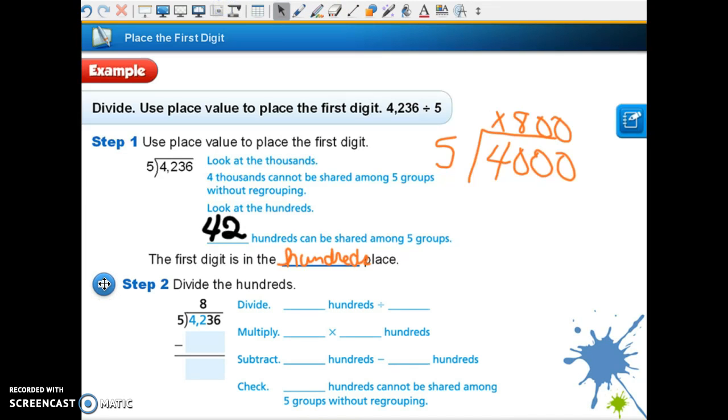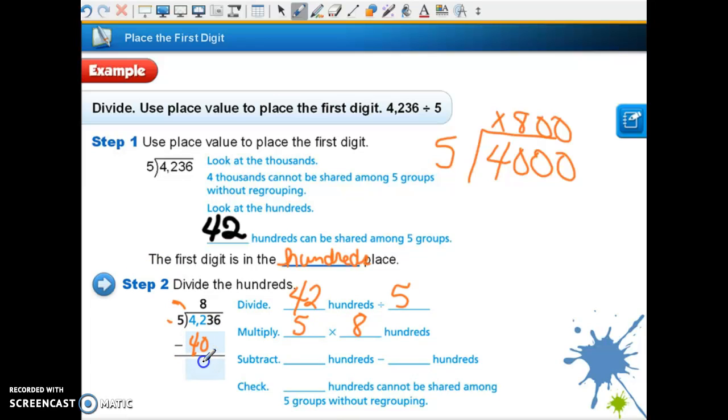Step 2, divide the hundreds. How many hundreds did we have right here? 42. 42 hundreds divided by, what are we dividing by? 5. Multiply 5 times 8 hundreds. We can get that from our estimate, right? What is 5 times 8 hundreds? 40.